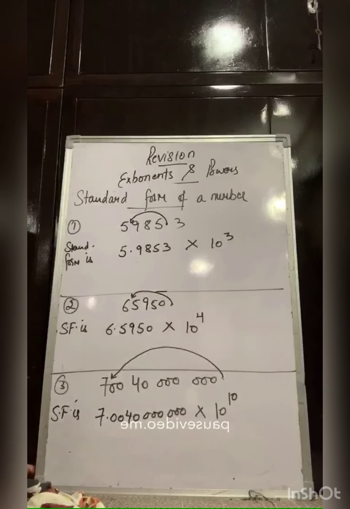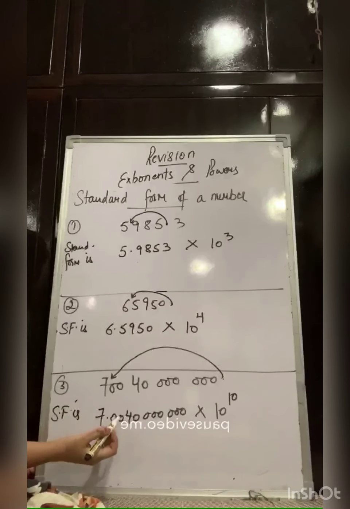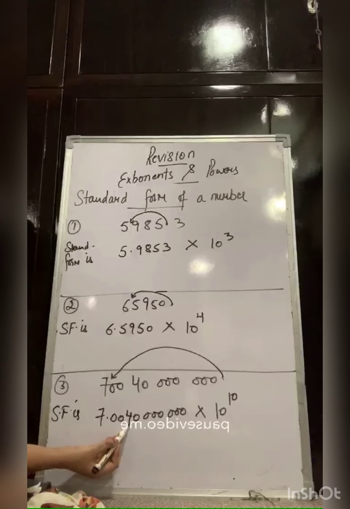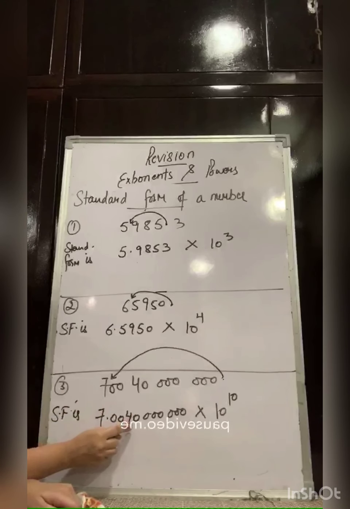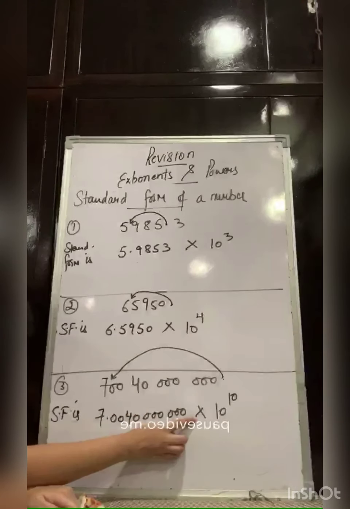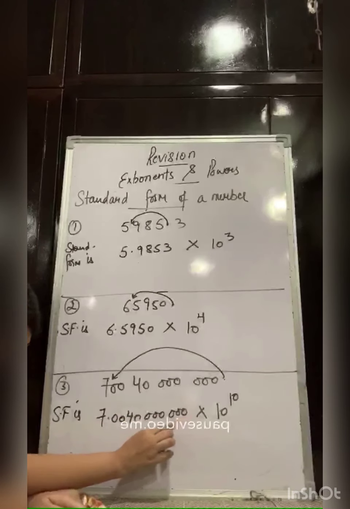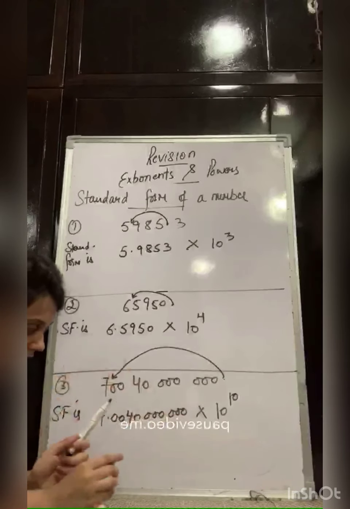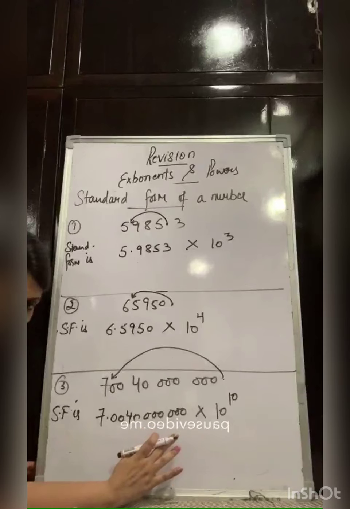Now one thing more. After the decimal, we are having this non-zero number. So if after the decimal there are zeros and then a non-zero number, then you have to write the zeros between the two non-zero numbers, and you can skip writing the zeros which are at the last. If you do not write all these zeros, then also it will be correct.